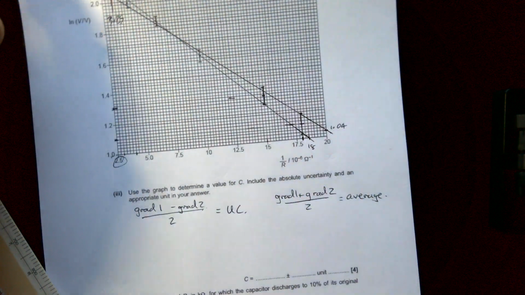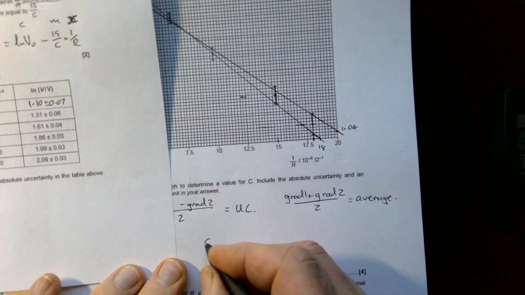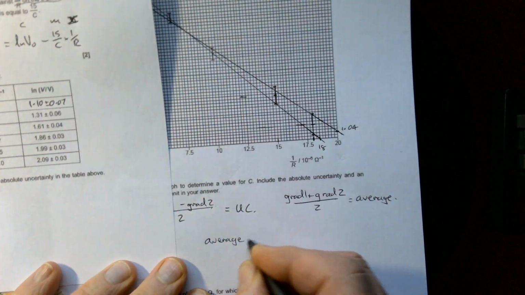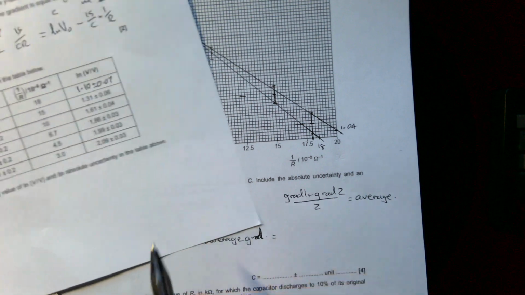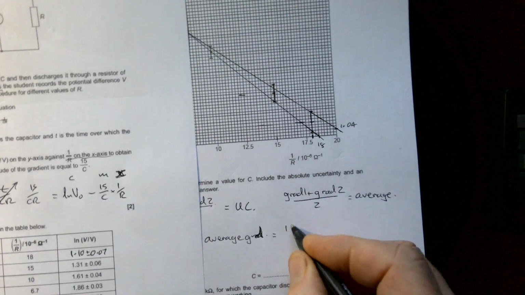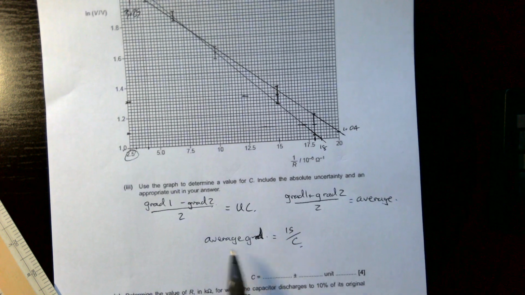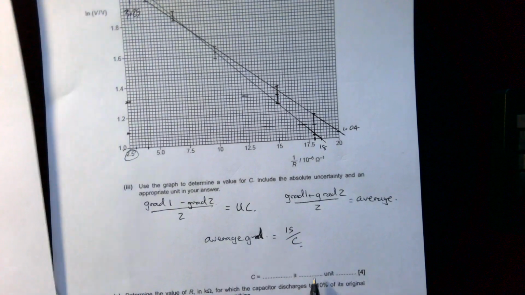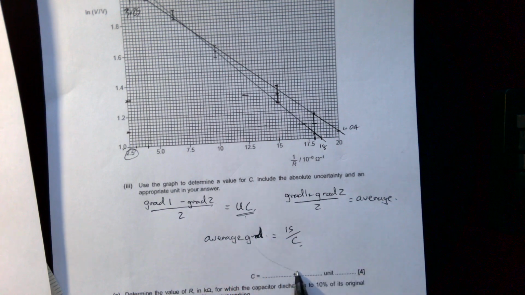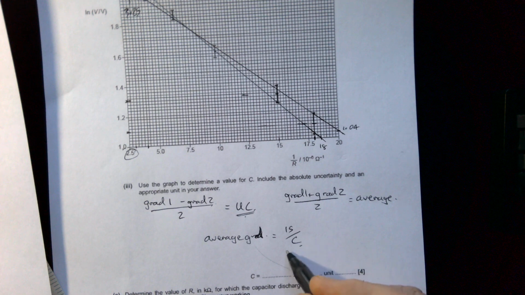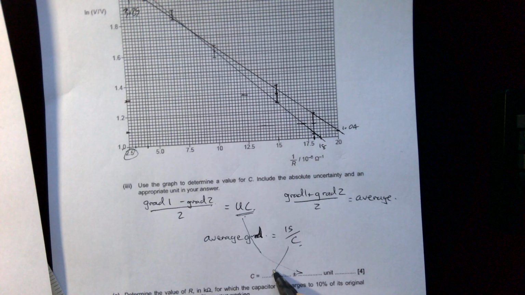And as we saw in the first half of the question, average gradient equals 15 over C. So if you do 15 divided by average gradient, you'll end up with C. Your plus and minus comes straight into that, and that's going to come into here.